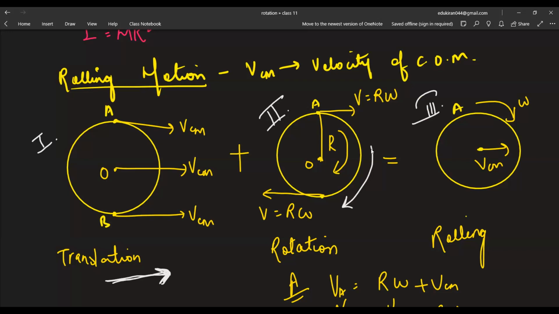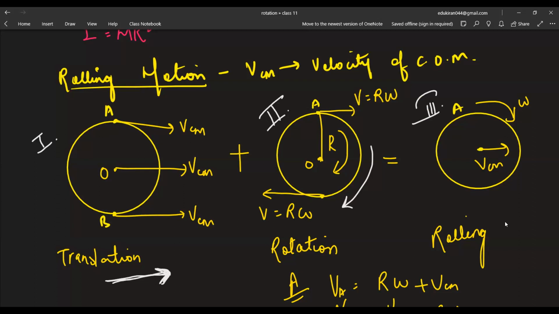Take the example of a block. If I drag the block over a table, I get translation motion. The blades of a fan revolve around an axis at the center attached to your ceiling, and all the blades are rotating. That is rotation motion.